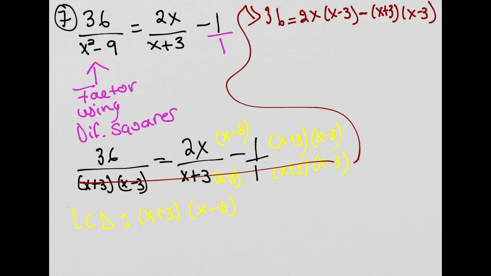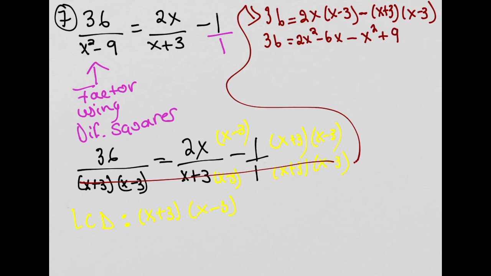All right, so let's simplify. I have 36 equals 2x squared minus 6x minus, this is going to give me x squared minus 9. So it's going to be negative x squared plus 9. Okay? I'm going to go ahead and combine like terms.